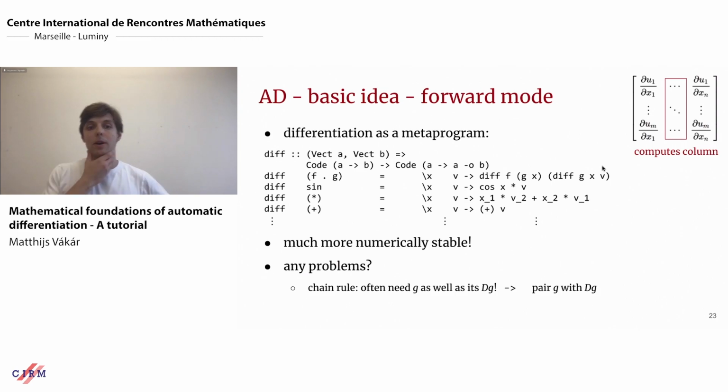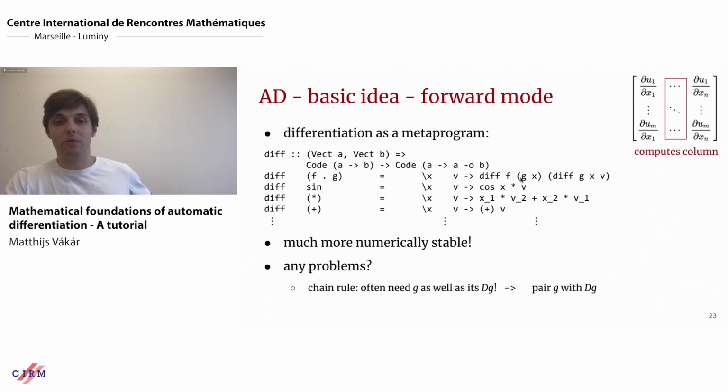But there's one more problem that I see in this code, and that is that in the chain rule, we see that to calculate the derivative of f composed with g, we don't just need the derivative of g, but we also need g itself, the function value of g itself. So this code can be made more efficient by pairing up the function value of g with its derivative value.